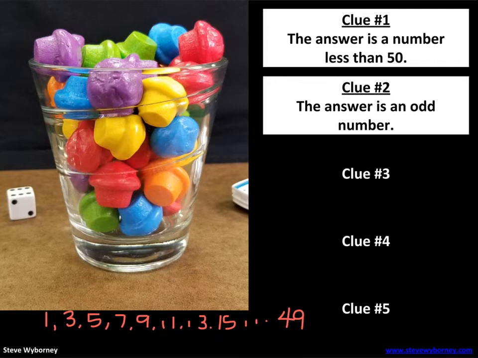Knowing that our answer is an odd number, does that mean that you have to revise your answer? If you do, write down a new estimate before we reveal clue number 3.